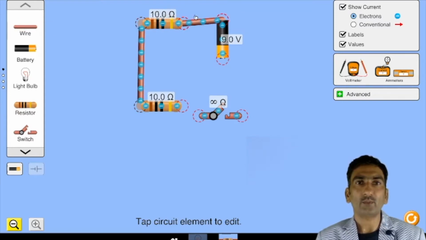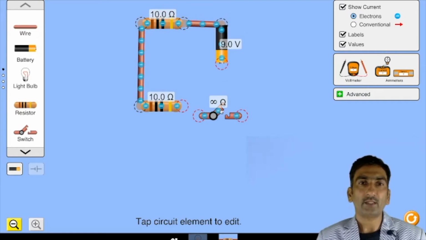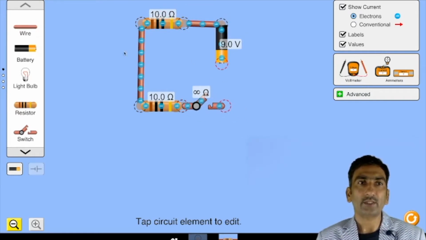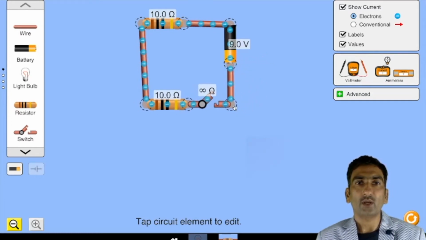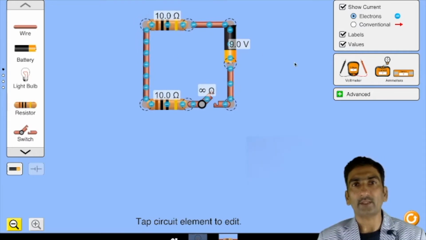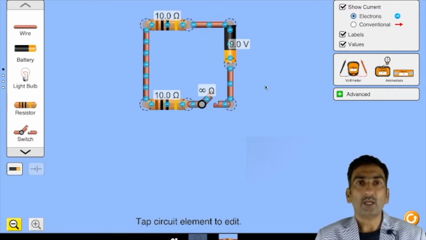I will take one more connecting wire and connect it to the battery's negative terminal, and this switch I will connect here, and I need one more connecting wire that I will join with the other end of this switch. Okay.